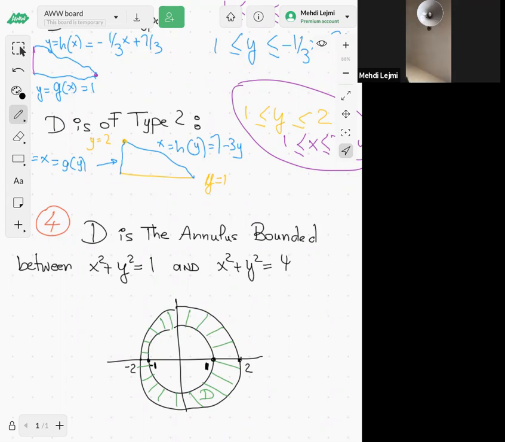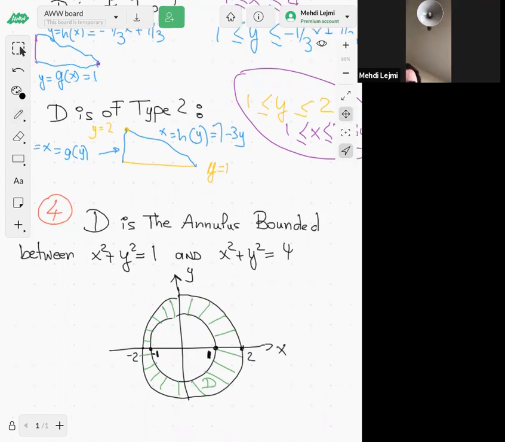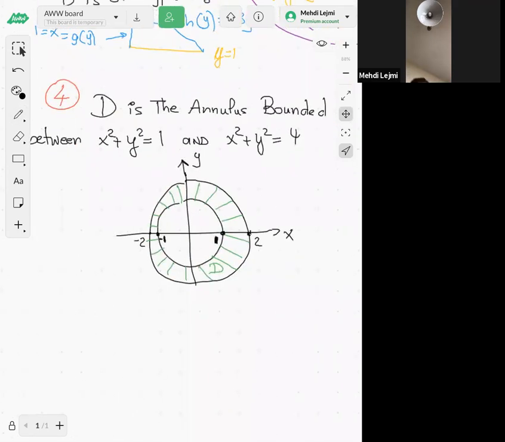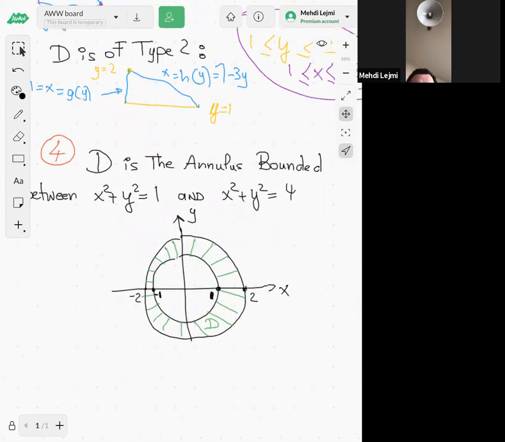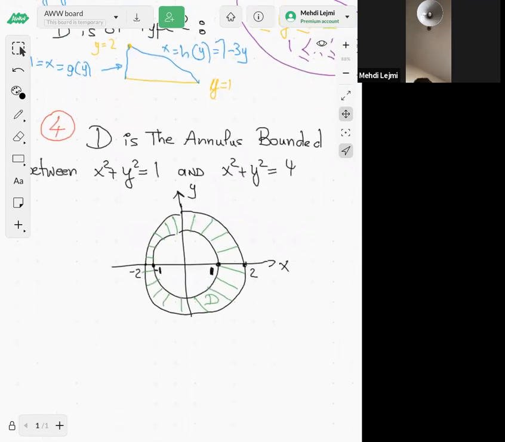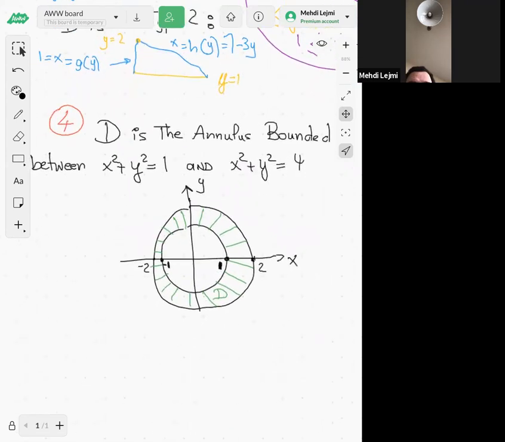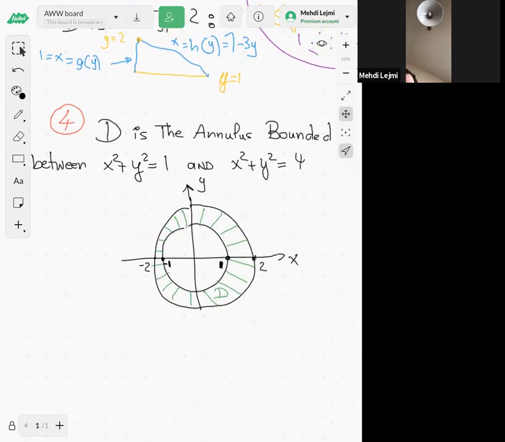So for example, let's say this is the x-axis, and of course this is my y-axis. There's a problem here, guys, because let's say you start with x. So x goes from -2 to +2, in some sense.